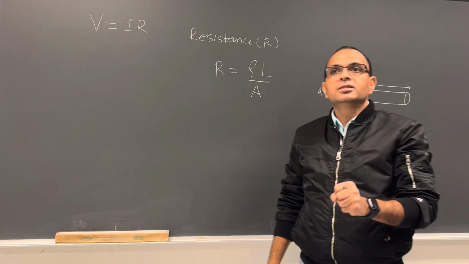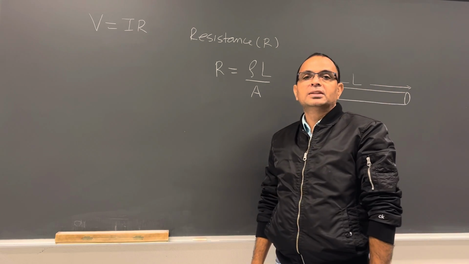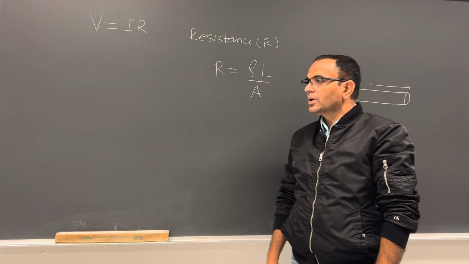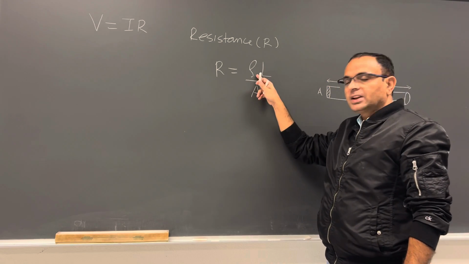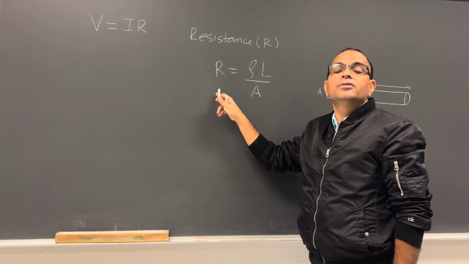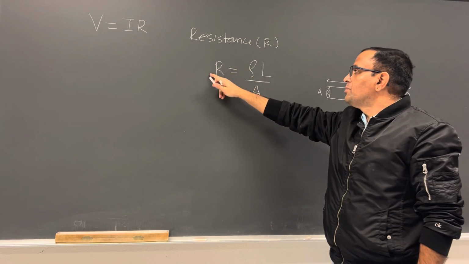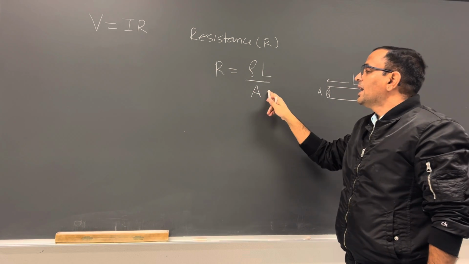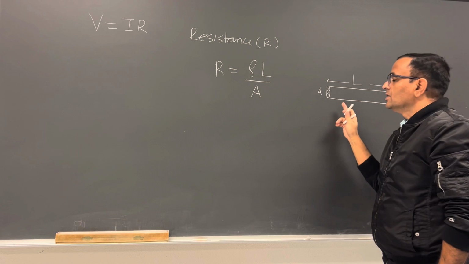Different conductors have different resistivity. Rho is a constant, but R is the resistance which opposes the flow of current. So the resistance depends on the length of the conductor and the area of cross section of the conductor.